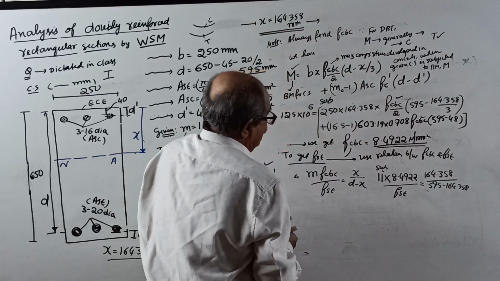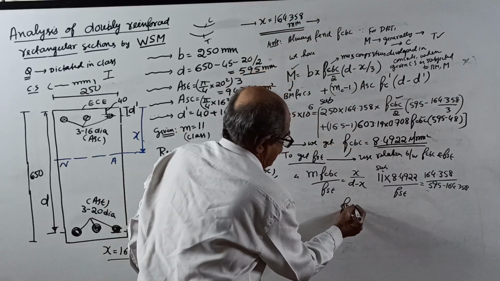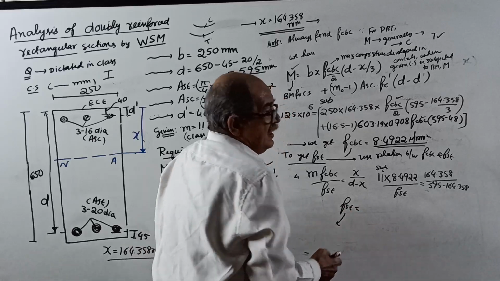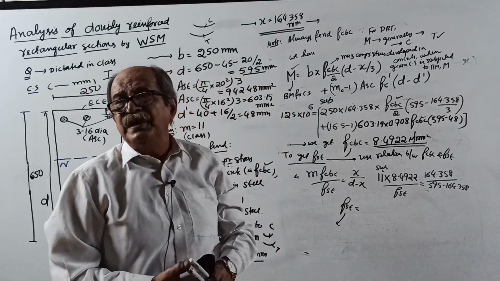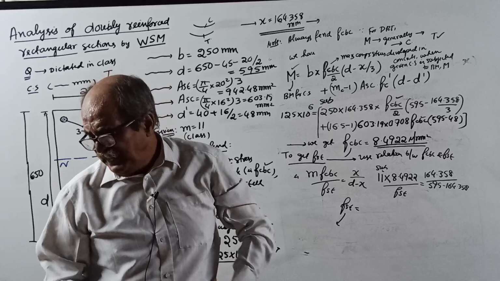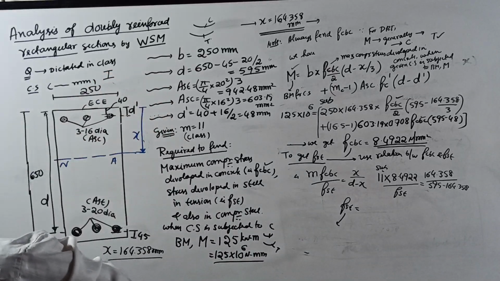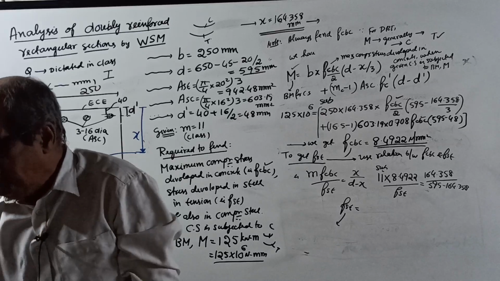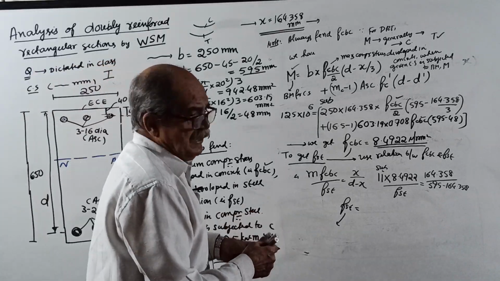You get the value of FST. What is FST? Stress developed in tension steel when the given cross section is subjected to a bending moment of 125 kilonewton meter.